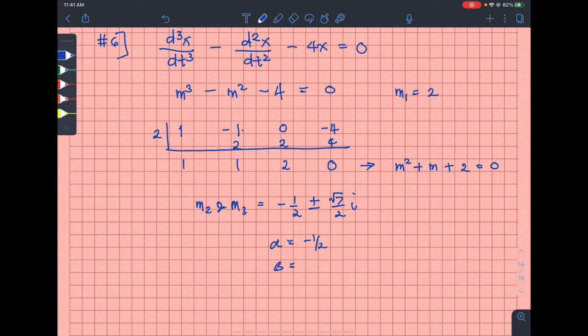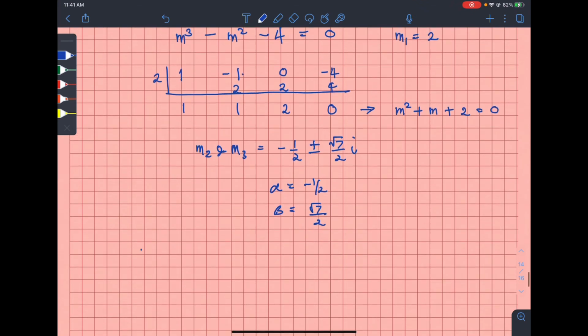Tapos ang beta natin is the square root of 7 over 2. So kaya ang solution natin yan, so we'll start with M1, that is C1 e raised to 2x. And then alpha and beta, so that would be for case 3. So that would be plus C2 e raised to negative 1/2 x, then cosine square root of 7 over 2.